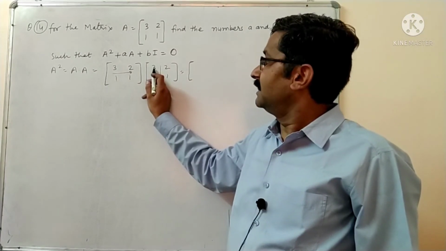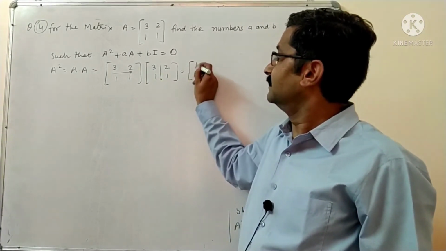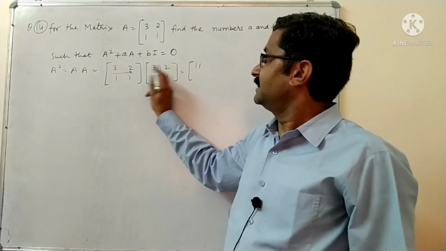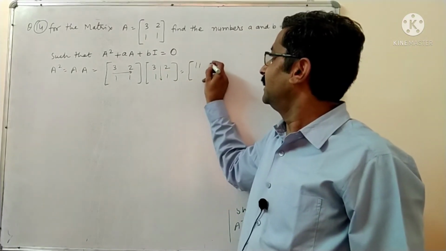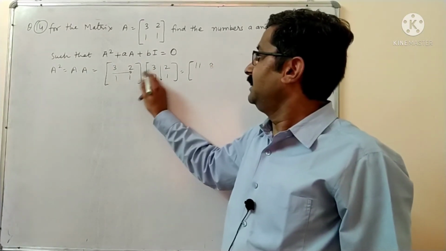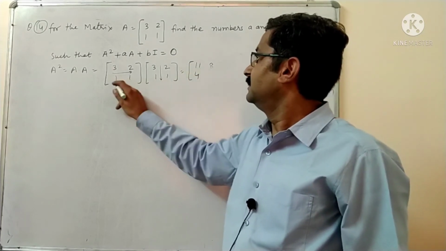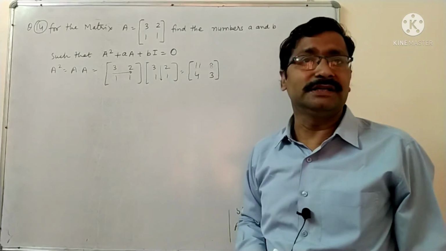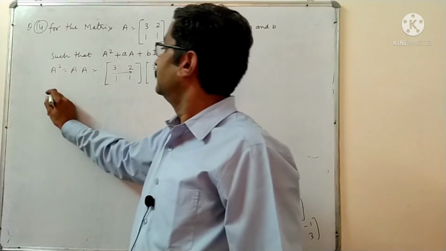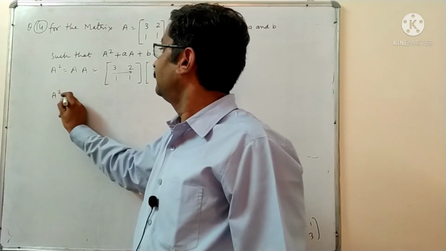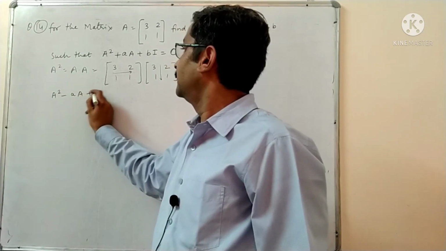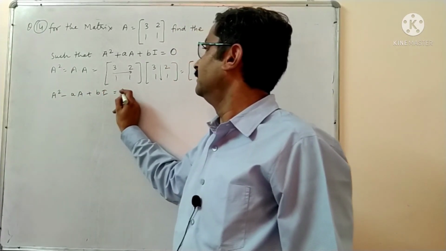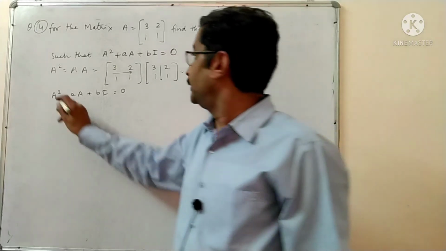3 3 is 9, 9 plus 2 is 11. 3 2 is 6, 6 plus 2 is 8. 3 plus 1 is 4. 2 plus 1 is 3. Okay, so this you get, A square. Now you take here the given A square plus aA plus bI equal to O. This is given, and you put here A square.